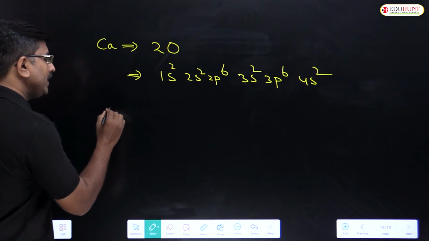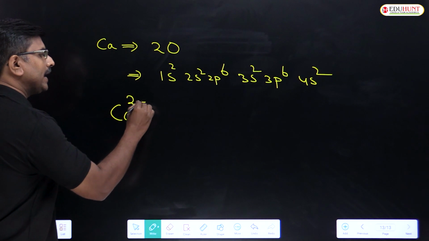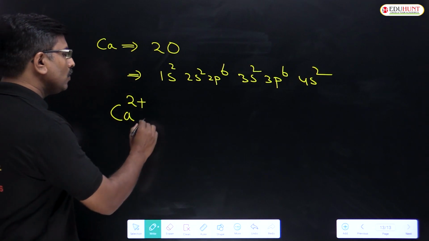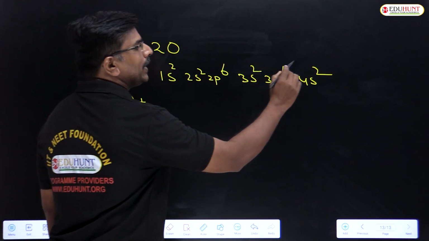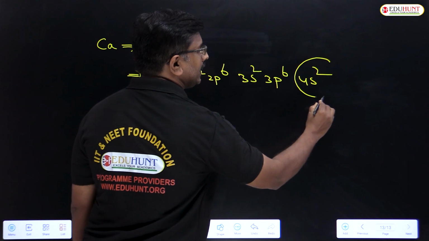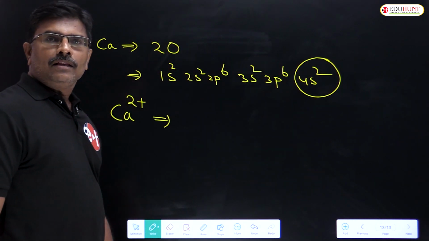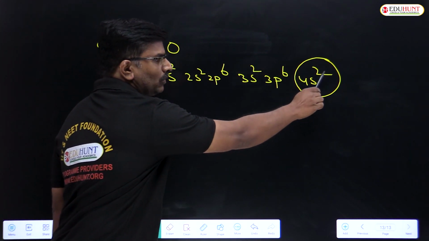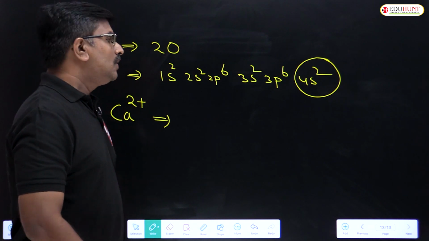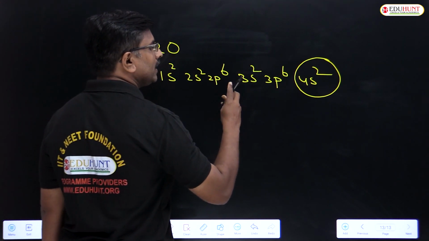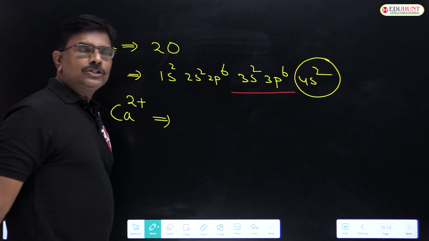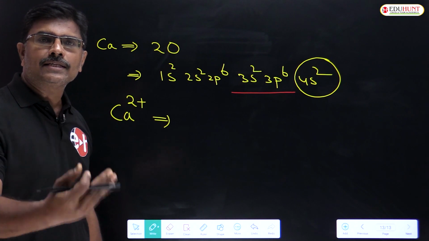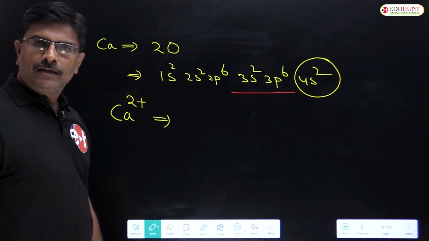So calcium definitely forms a dipositive cation, by losing the 2 electrons in its valence shell, the 4s2. After losing those 2 electrons, the Ca2+ ion acquires the 3s2 3p6 configuration as its valence shell configuration.